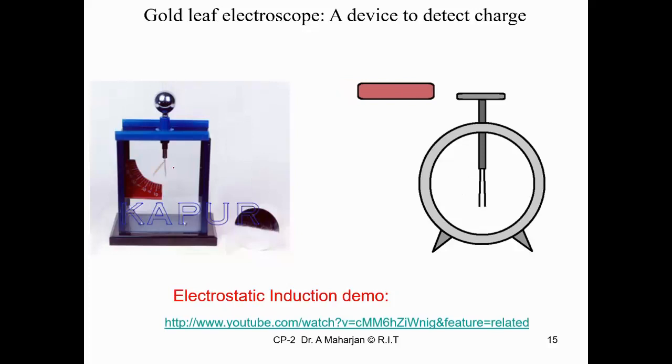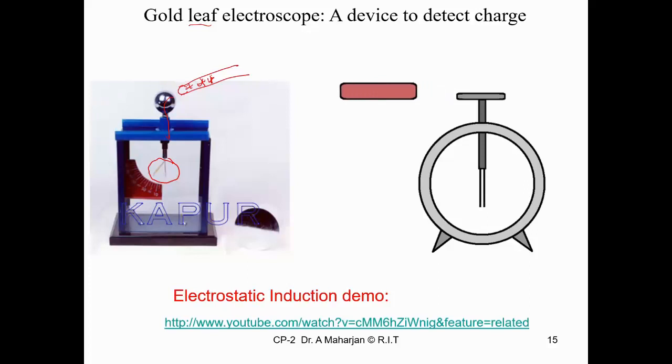Because it has a very thin pair of gold leaves hanging here, attached to this. And when you touch it with a charged rod, let's say a charged glass rod, it will transfer some of the charge. Since both leaves get the same type of charge, they get repelled when this sensor is touched by a charged object.